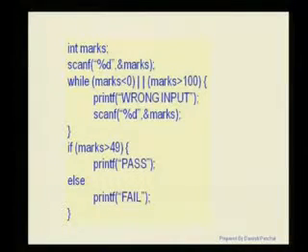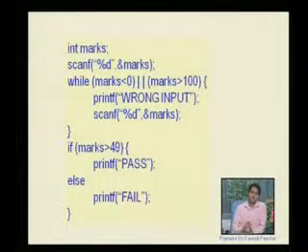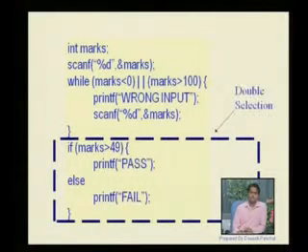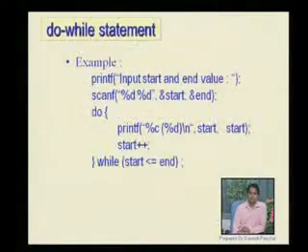When the condition is not satisfied, we want to take the input from the 0 to 100 range. If it is in this range, then it comes outside of this loop, and then it will check the second condition, that is our pass and fail message. That is a second selection for checking pass or fail.